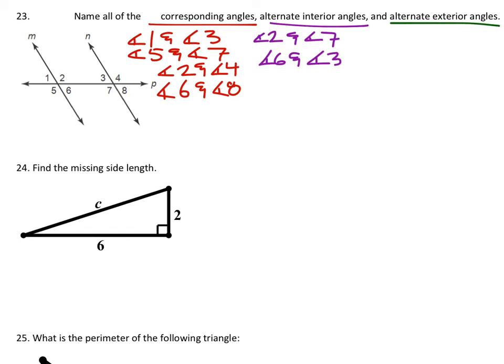Next up, alternate exterior angles have to be on the exterior, but since they're alternating, they have to be at different intersections on opposite sides of the transversal. So I've got angle 1 and angle 8, and then also angle 5 and angle 4.